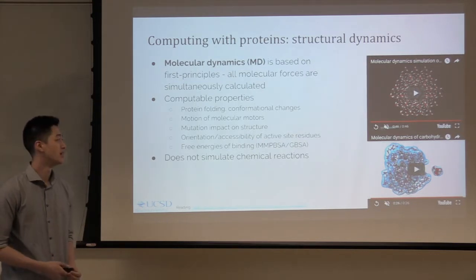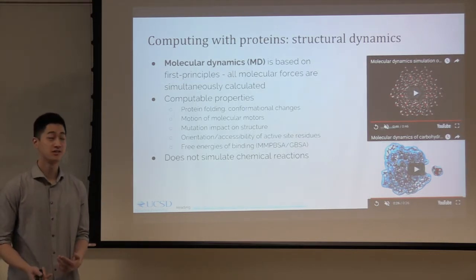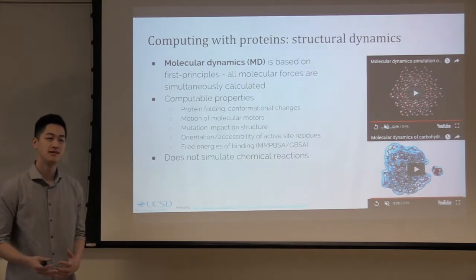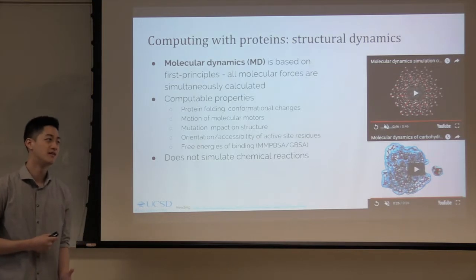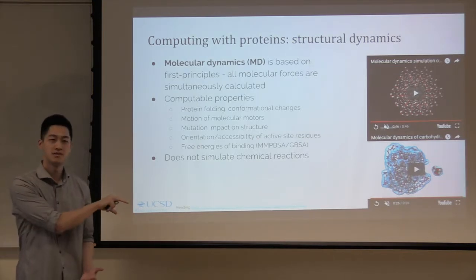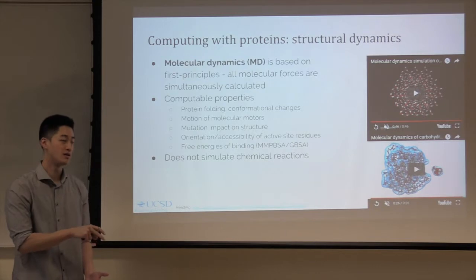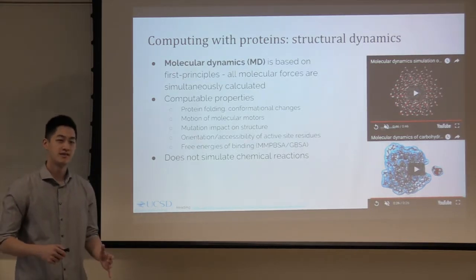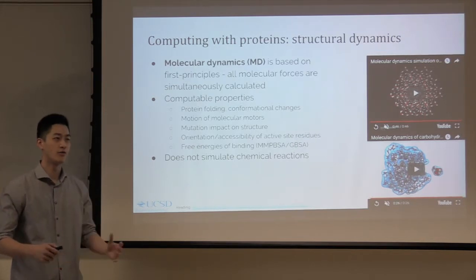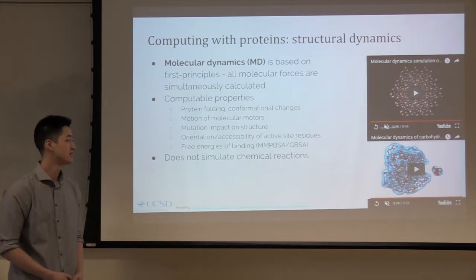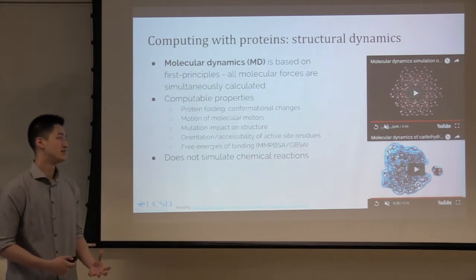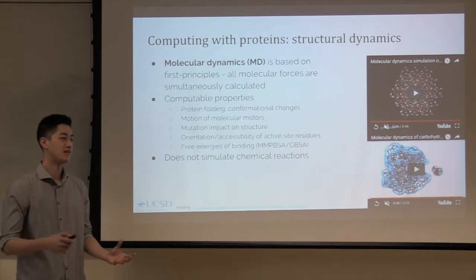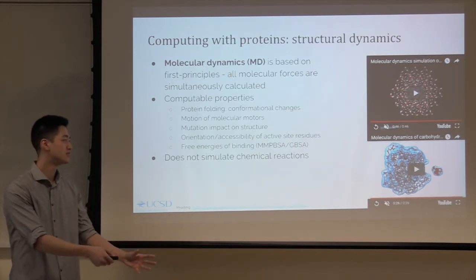You can understand the impact that a mutation may have on a structure, and we'll also give an example of how we used MD on a couple of proteins in the red blood cell to see how the mutations would impact the proteins themselves and then impact a metabolic network. You can see how active site residues are oriented in space and whether they are oriented properly to bind something of interest. And you can calculate free energies, such as the stability, or the free energy of binding of my drug to this protein.